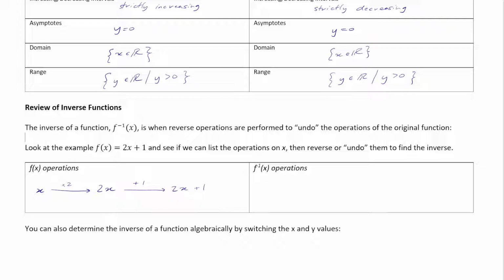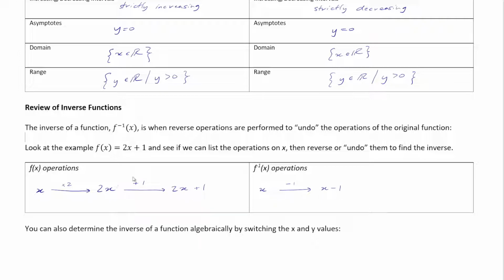Now, again, if we've defined the inverse of a function to be the reversal of those operations, then we would have to start with x, and we'd have to go in backwards order. So we would have to undo both of these operations. We start undoing these operations by, instead of adding 1, subtracting 1, and we would have x minus 1.